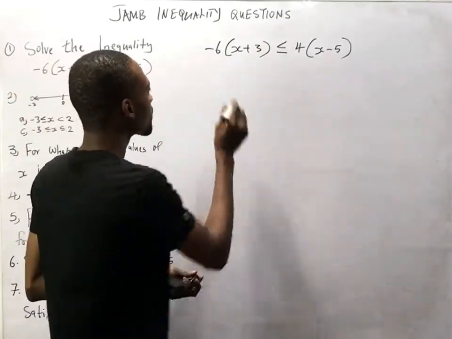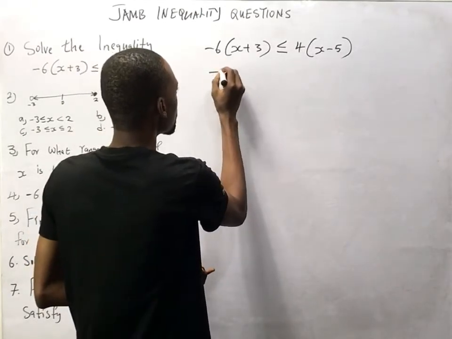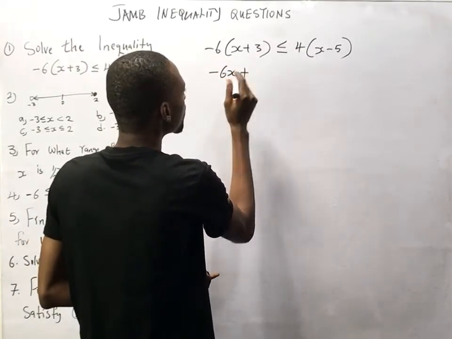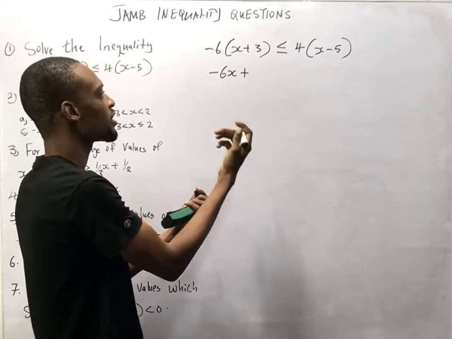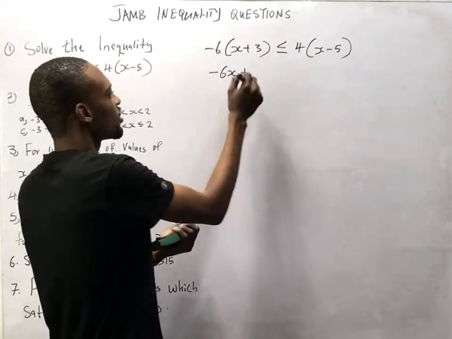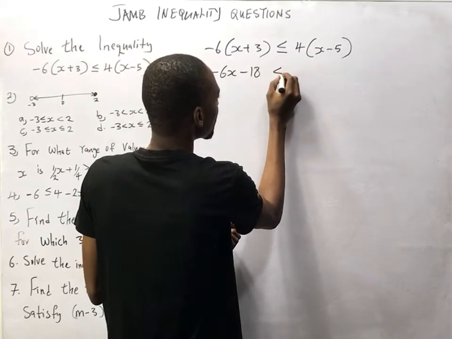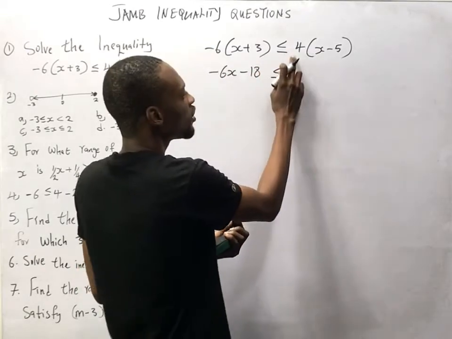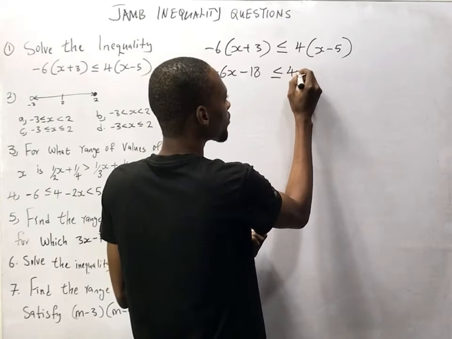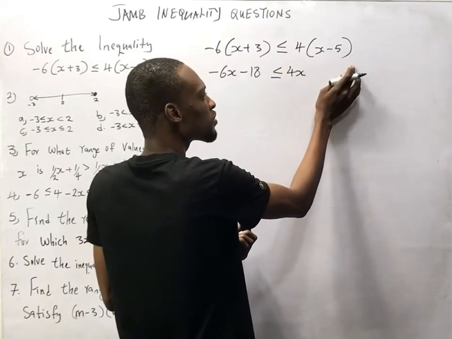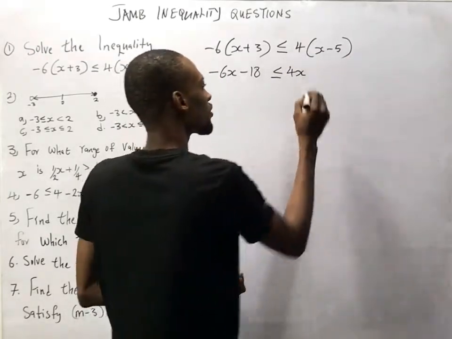We say minus 6 times s is minus 6s, plus minus 6 times 3 is minus 18. It's lesser than or equal to 4 times s is 4s, 4 times minus 5 is minus 20.